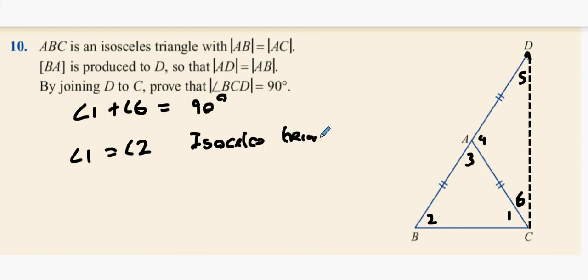It's given to us. Then we can also show that angle 5 equals angle 6 because triangle CAD is isosceles.